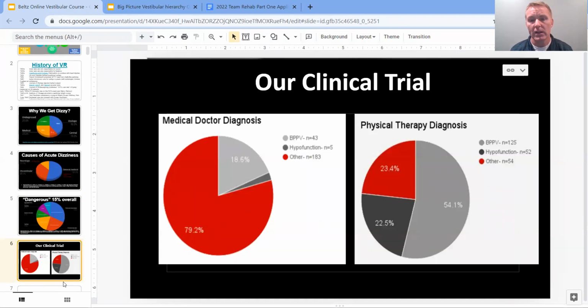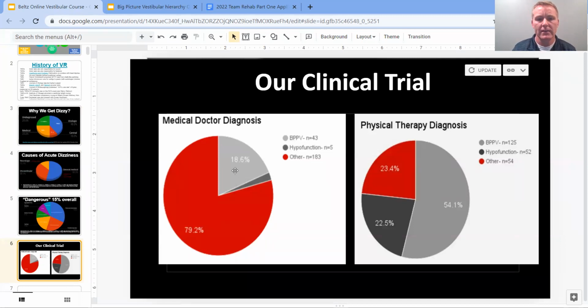This is a study that we did on around 240 patients. At the time when we crunched these numbers, we had around 231 patients come in, and we found that about 183 of them had just the general diagnosis of vertigo.